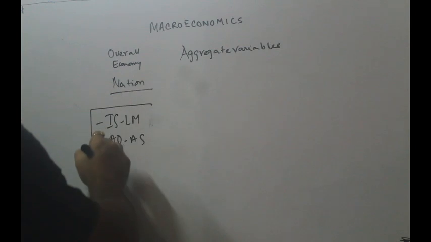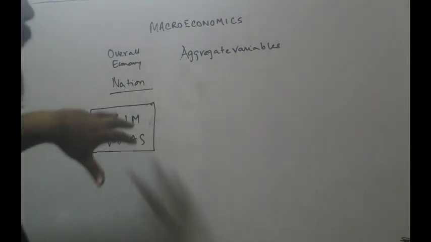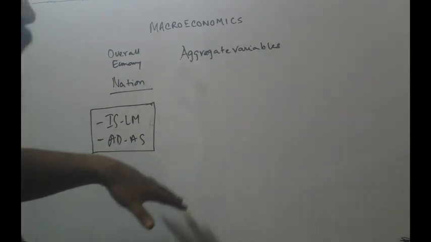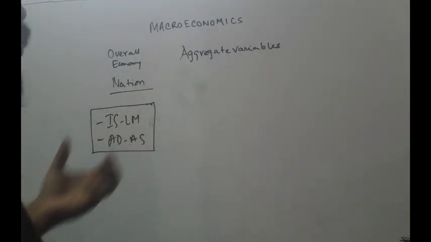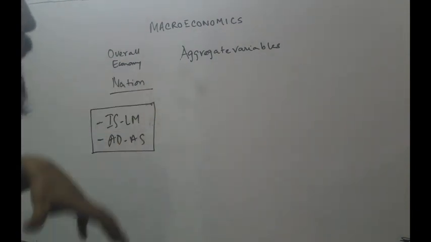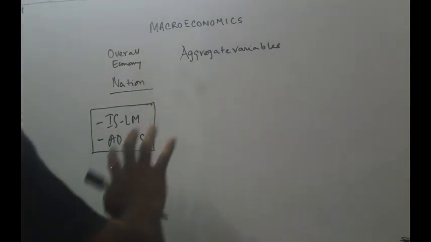I will come to that in the next videos, because we need to talk about the shifts, the factors affecting these things, short run, medium run, long run, and then a shock will happen and how the equilibrium will happen, and stabilization policies and how your monetary and fiscal policies will help to do that. So this is macro.